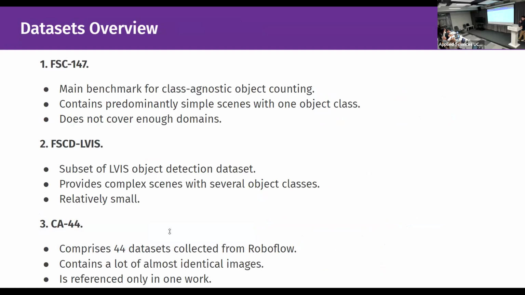Okay, so we have a model. Now we need a dataset. There are three class-agnostic datasets for object counting. The most commonly used one is FSC 147. The other two are FSCD LVIS and CA44. Each dataset has its own set of problems, like being too small or containing too simple images.